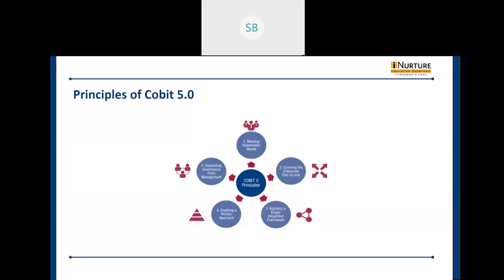We are separating governance, sorry, from management. Management will make the policies, and the governance will stick to these policies. They will apply those policies, right?